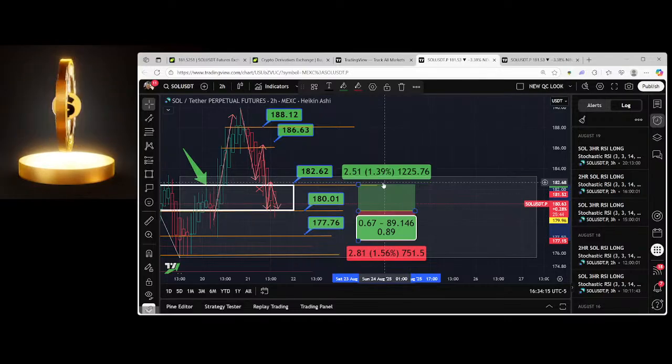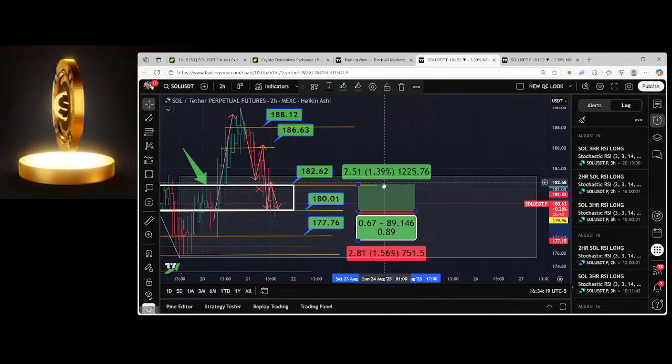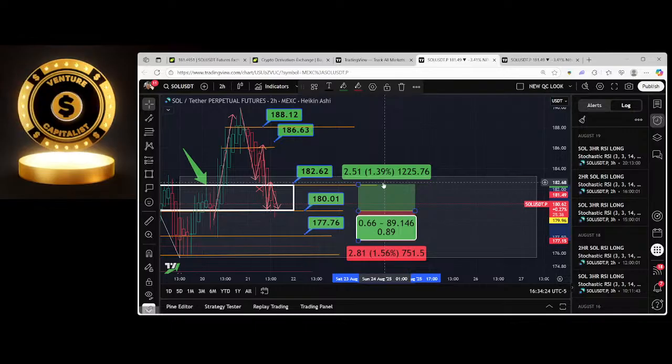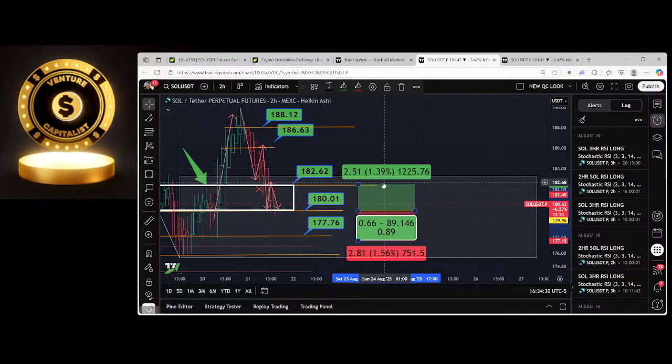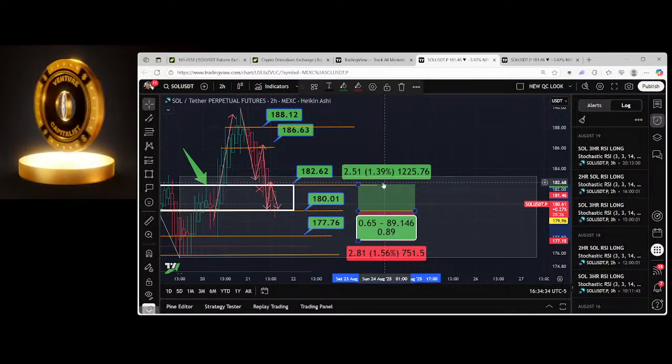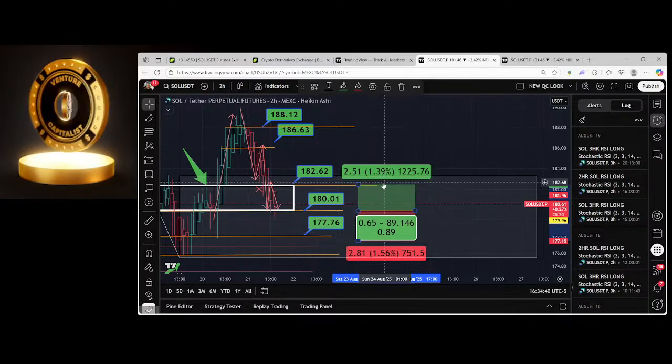So wave 1 is step 1, and it has a top. Wave 2 pulls back, right? We're riding the waves. Wave 1 goes up, wave 2 pulls back 50 to 70%, and then we enter that pullback and ride it back to the previous high of wave 1.